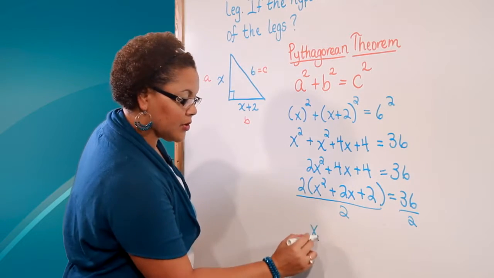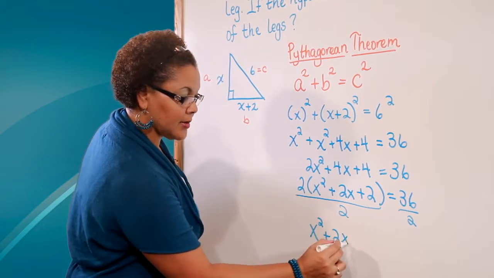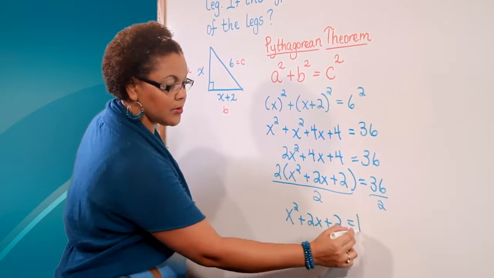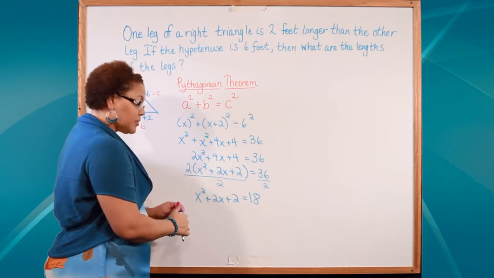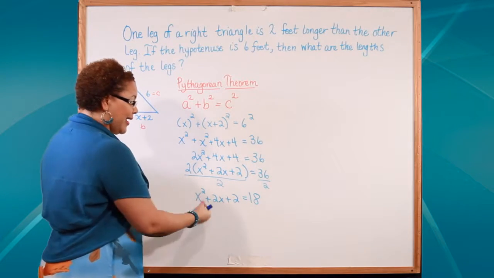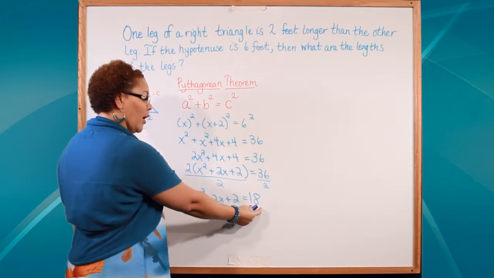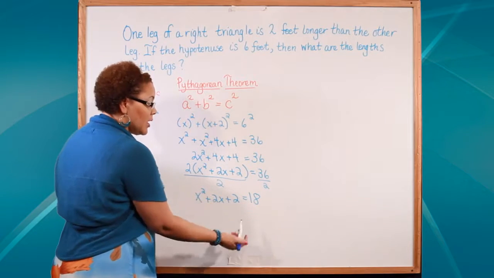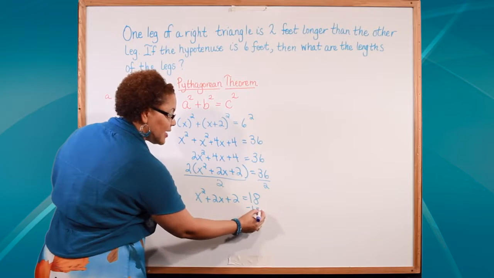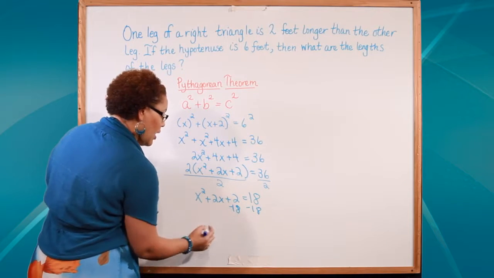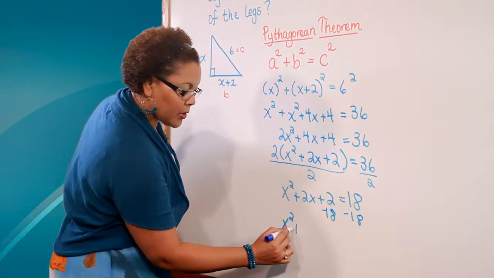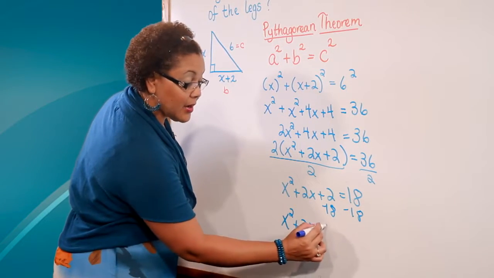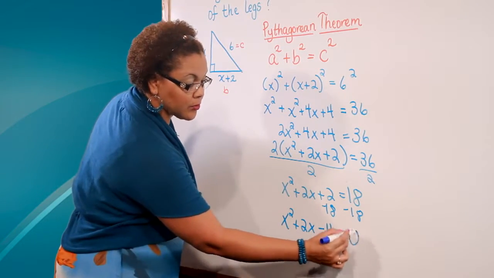And that simplifies to x squared plus 2x plus 2 equals 18. Now, to solve a quadratic equation, I need to get the right side of my equation equal to 0. So I'm going to subtract this 18, and that leaves me with x squared plus 2x minus 16 equals 0.